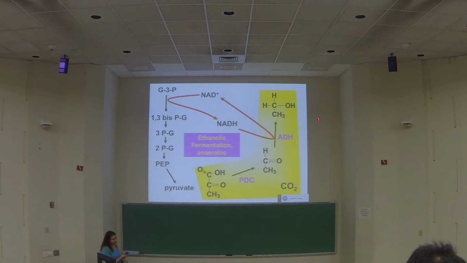And then in the second step, there's an alcohol dehydrogenase that can pull off that hydrogen and electron to make a molecule of ethanol. You see this in microbial organisms like yeast. Very useful pathway.